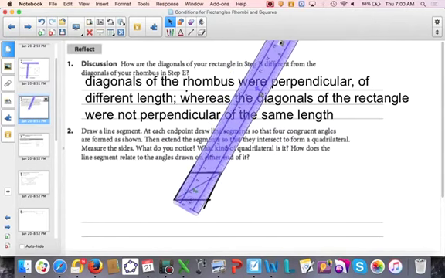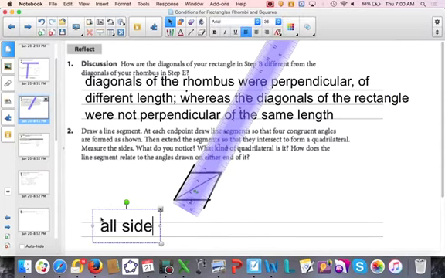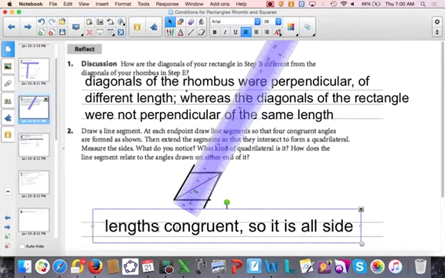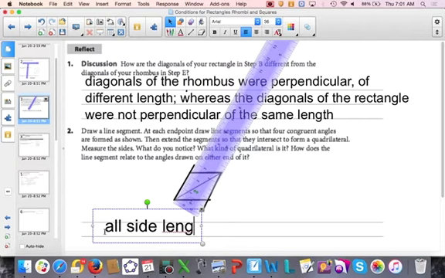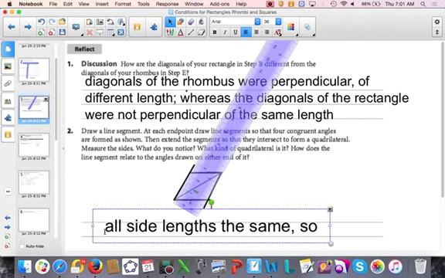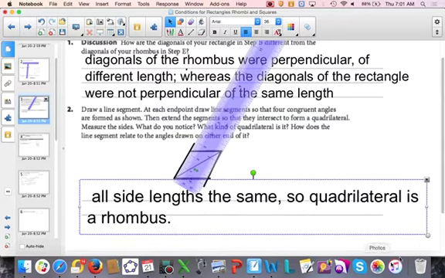And so is this. Okay, so since all of the side lengths are the same, the quadrilateral is a rhombus.